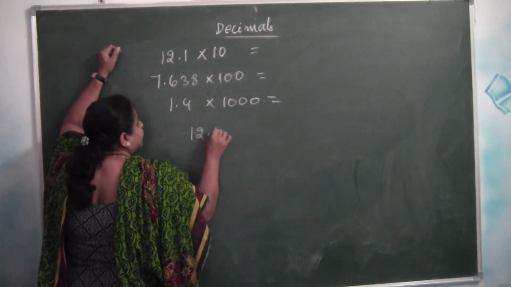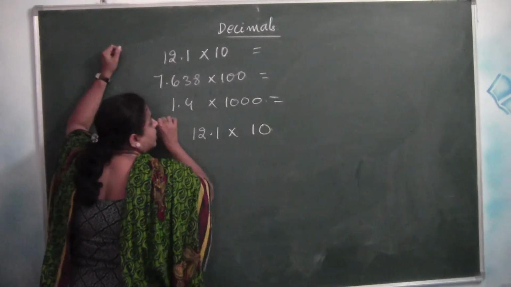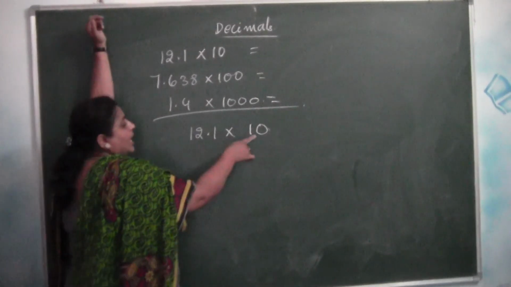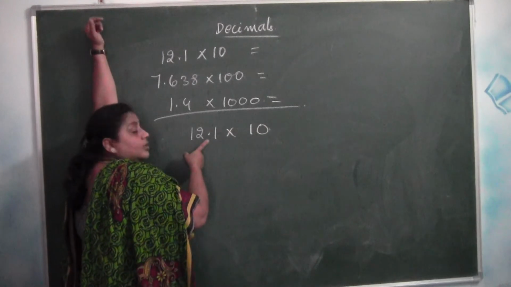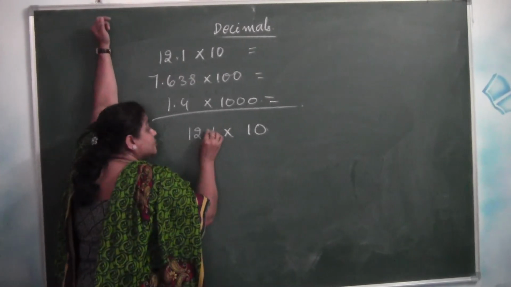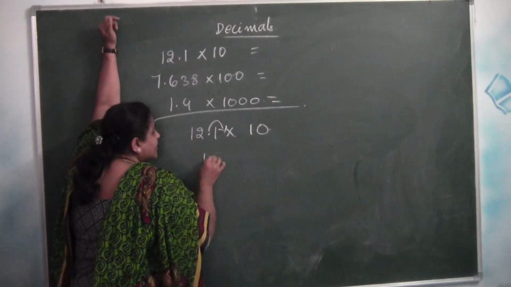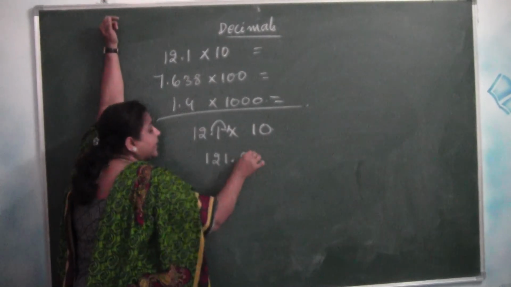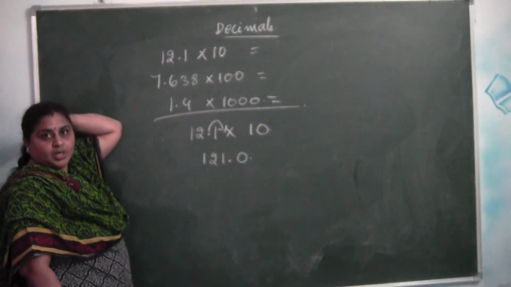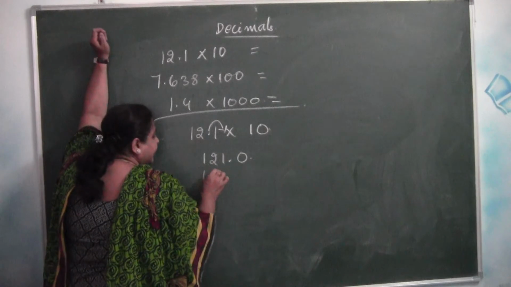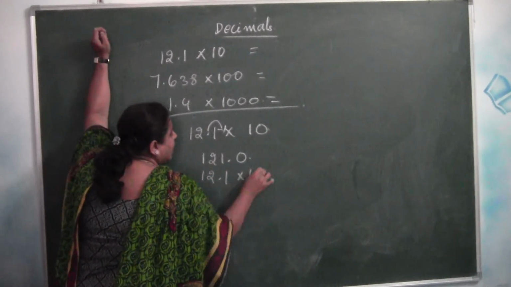First I have 12.1 into 10. Alright. Now I have a 1 and 0. Decimal point will jump after one digit. That is 121.0.